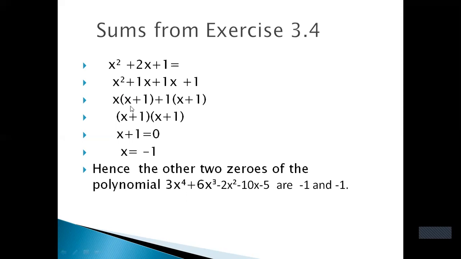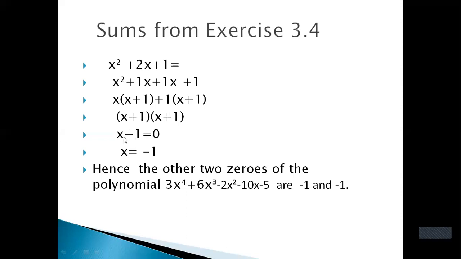First two terms x is common, so x into x plus 1. Then the next two terms, 1 is common, so 1 into x plus 1. Now in these two parts, x plus 1 is common. Taking x plus 1 common, here the leftover is x, here the leftover is plus 1. So x plus 1 into x plus 1.